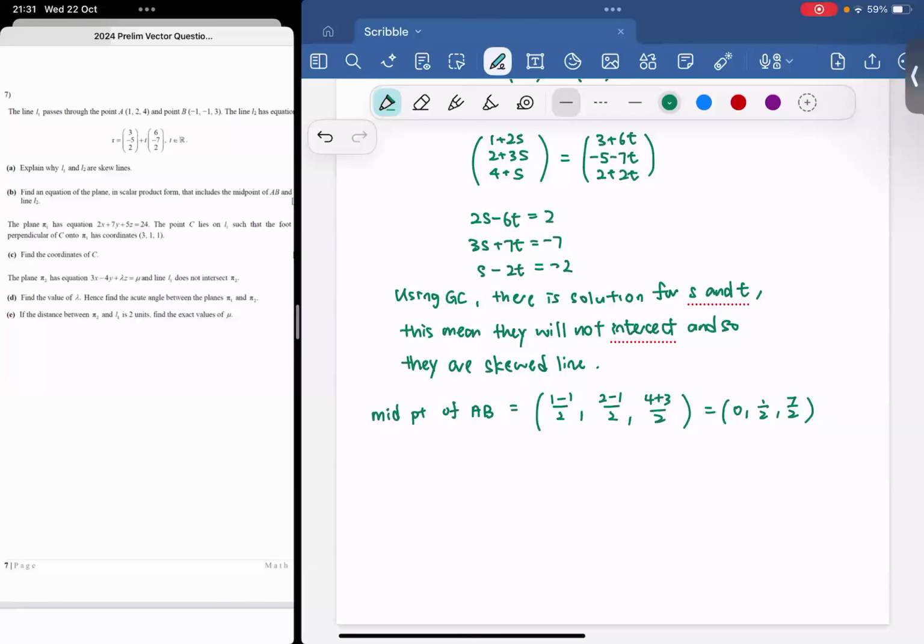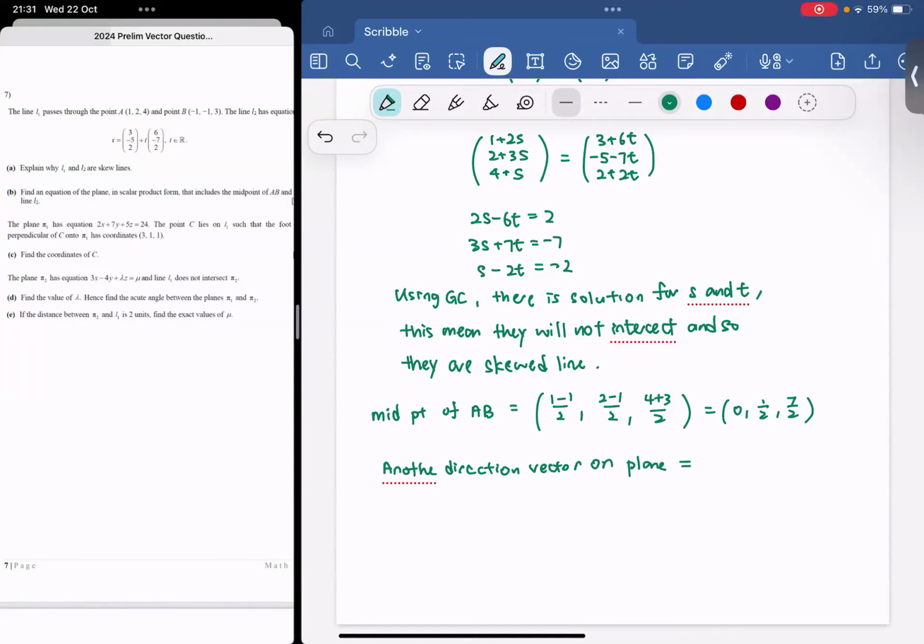Okay, so to find the equation of the plane, we need two direction vectors on the plane. So one of the direction vectors comes from L2: (6, negative 7, 2). We still need to find another direction vector on the plane.